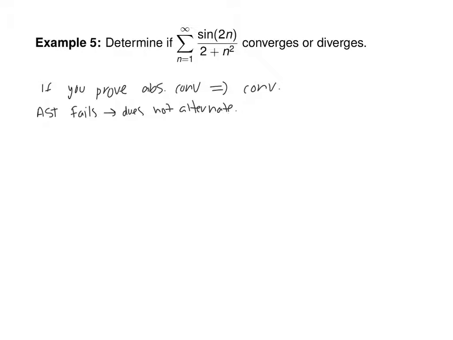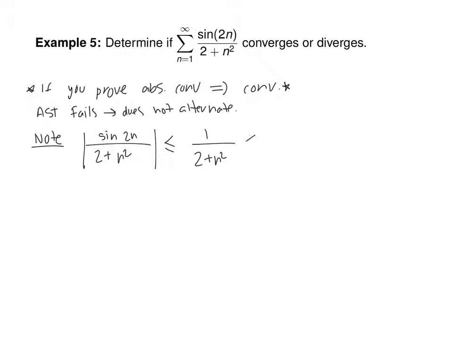As in, it doesn't consistently flip-flop positive, negative, positive, negative. It's sometimes positive, sometimes negative. So we're going to use the fact that absolute convergence implies convergence. So the first thing is we note that the absolute value of sine of 2n over 2 plus n squared is less than or equal to 1 over 2 plus n squared, which is less than 1 over n squared.